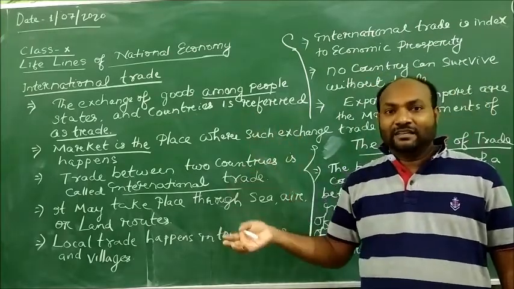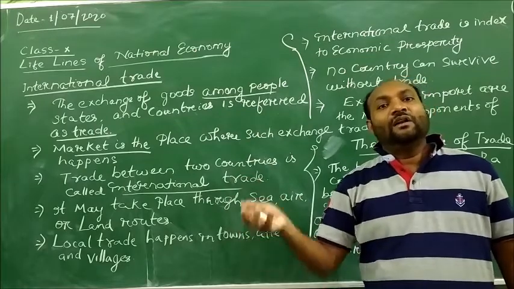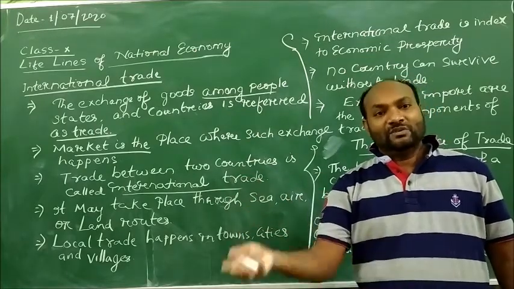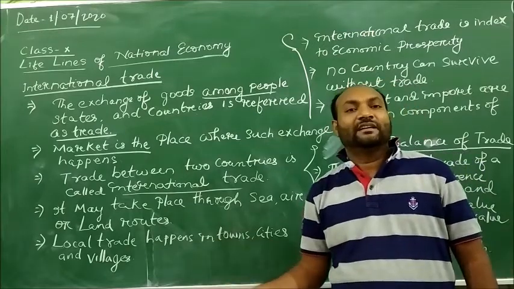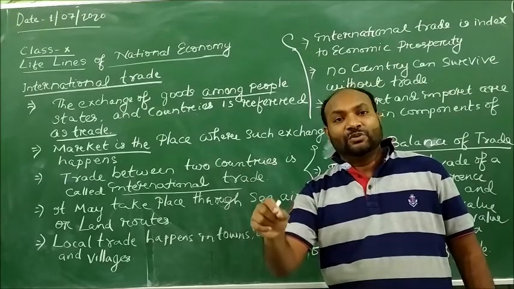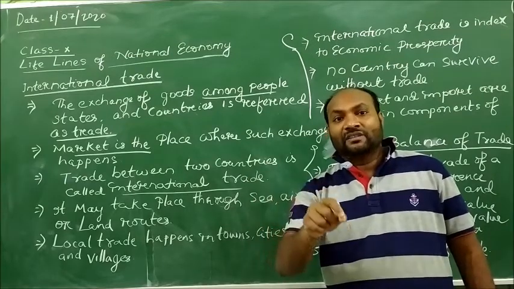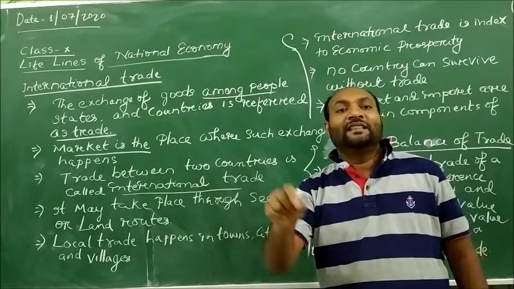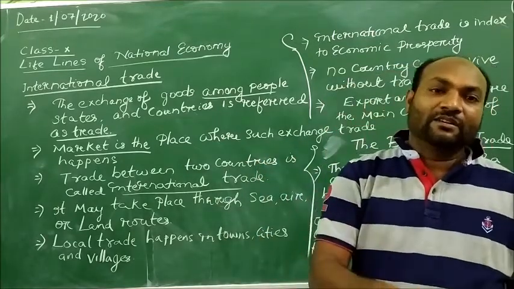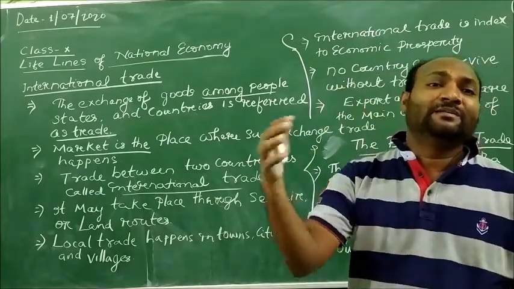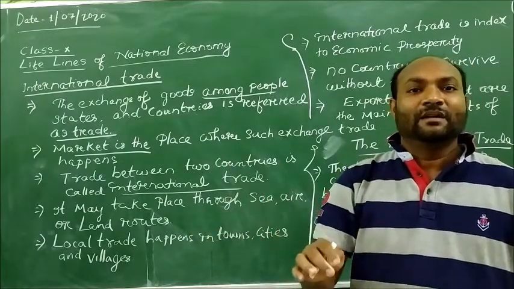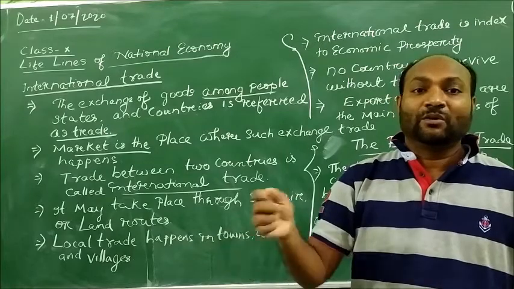So dear children, it is not necessary that all resources will be available in one country. When those resources are not available in one country, we depend upon another country to import such goods to fulfill the demands of the society. You must know very well that we have several things which are imported to India, such as petroleum, petrol, diesel.